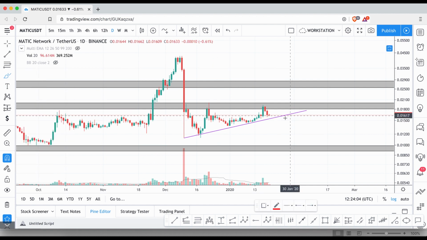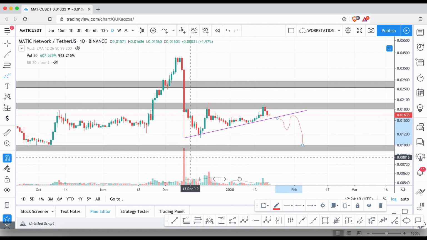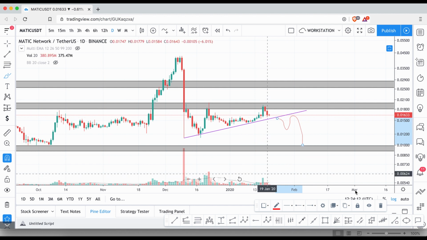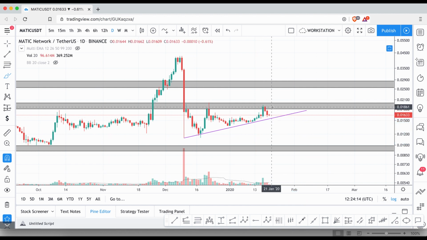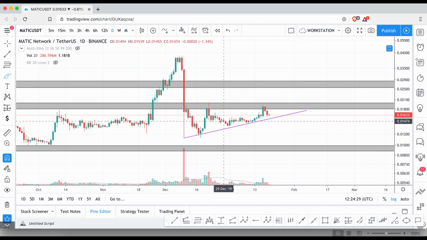Either we fall down out of the pattern, maybe a retest, fall all the way back down to the next support area, or we break above this area here, maybe retest of this trend line, and then we go up to the next resistance. So that's two scenarios that can happen after this break of this pattern.